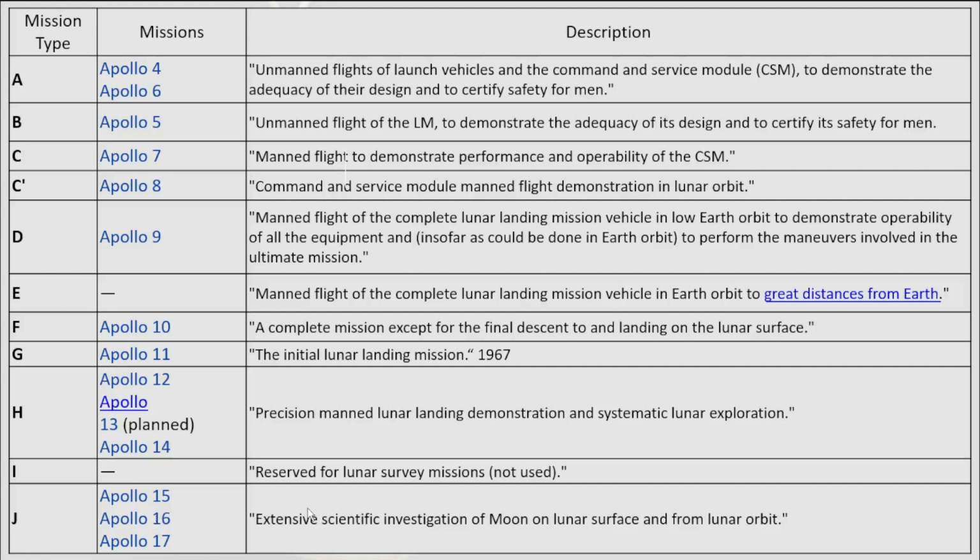Not only the geological side, but also some other factors were included in the scientific investigation of the moon, on the lunar surface and from lunar orbit.